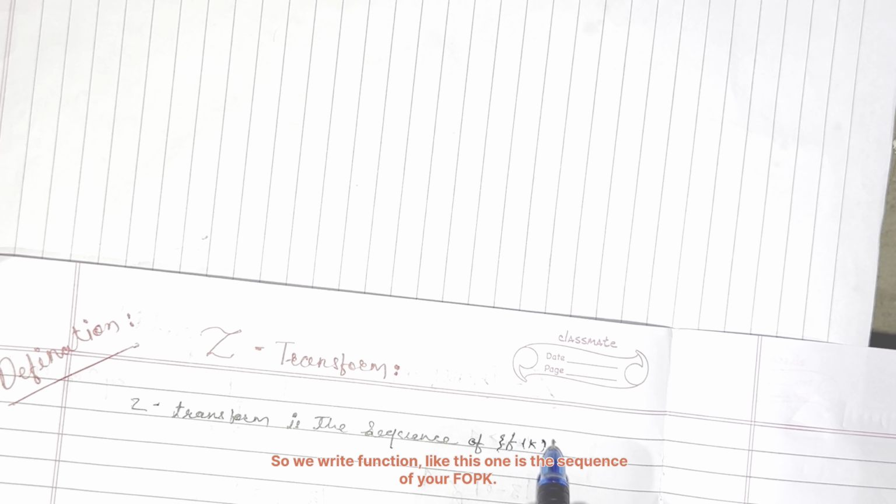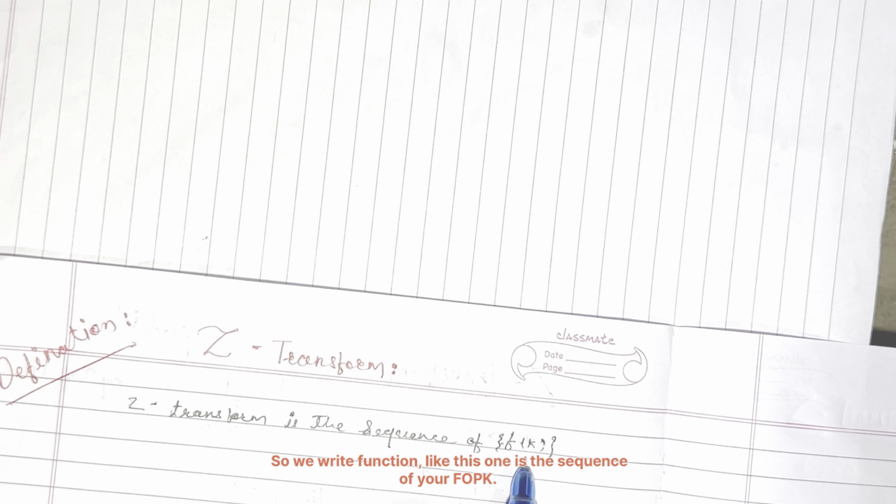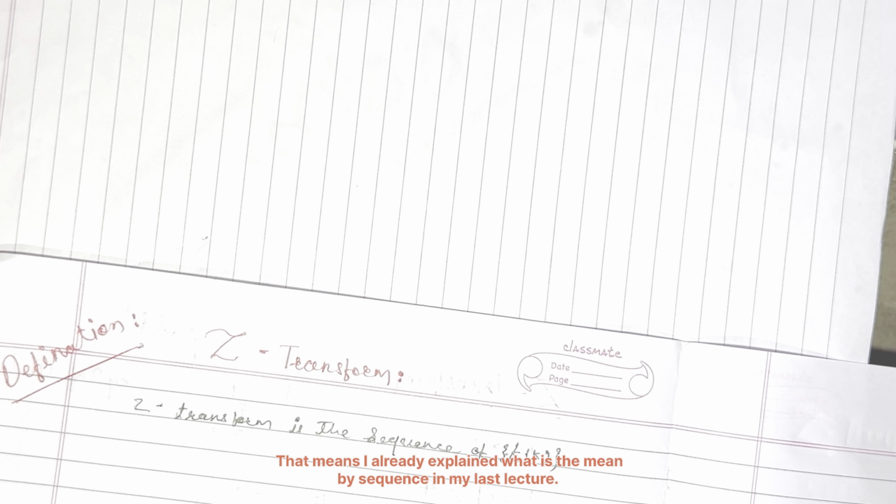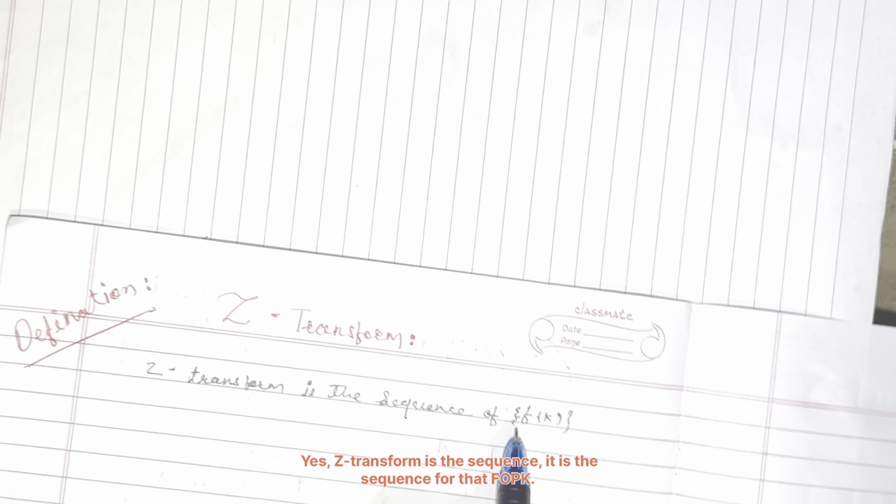So we write a function like this, the sequence of f of k. I already explained what is meant by sequence in my last lecture. Z transform is the sequence for that f of k.